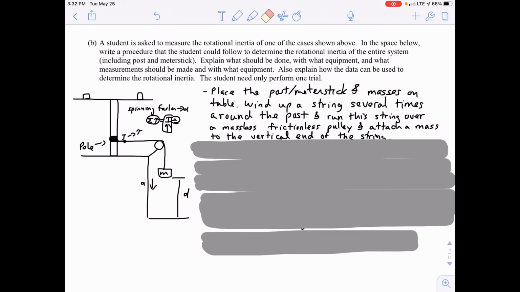So let's summarize what we drew here. Place the post and meter stick and masses on a table. Wind the string several times around the post and run the string over a massless, frictionless pulley attached to the edge of the table, with a hanging mass at the vertical end of the string.